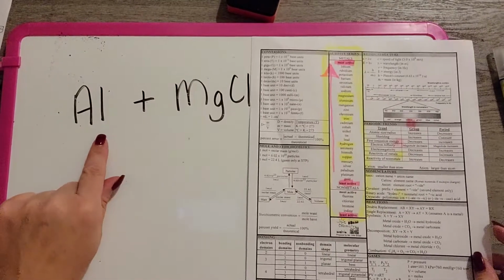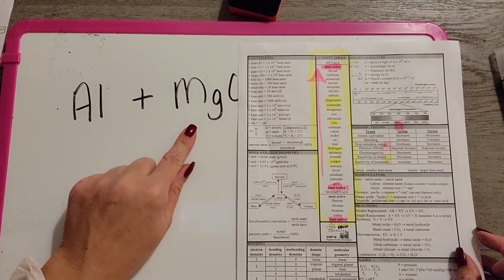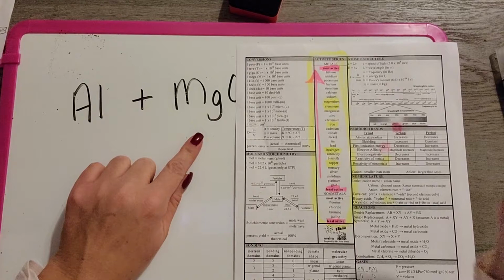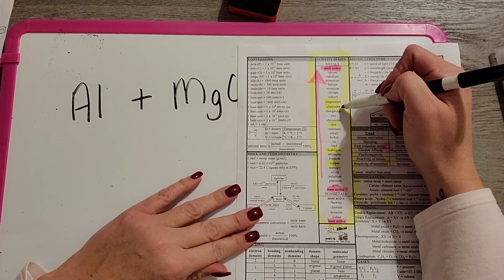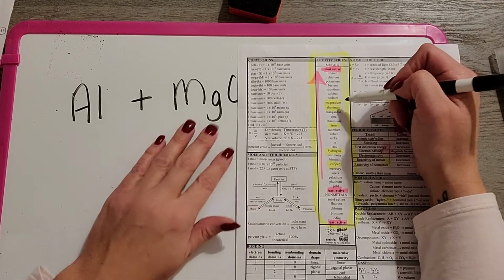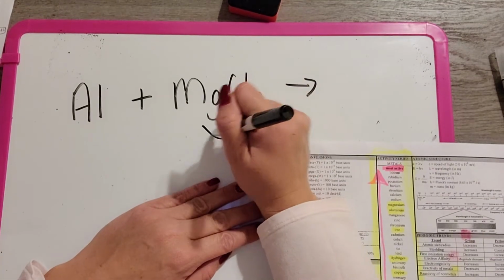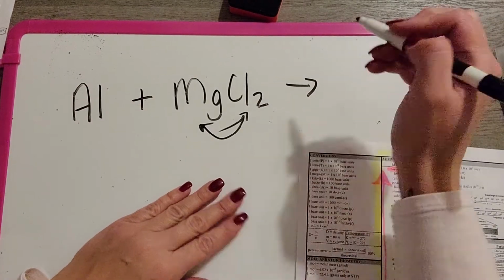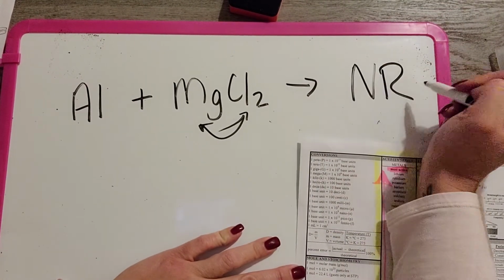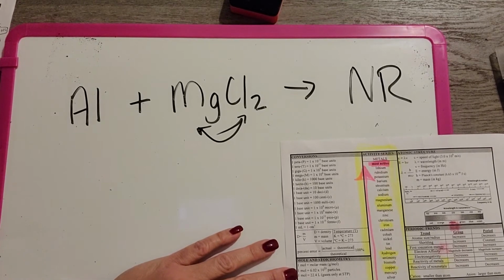So we're looking to see if aluminum is higher up on the list than magnesium, and aluminum will replace magnesium in that compound. So aluminum is not higher up on this list. So magnesium is going to be strong enough to hold the bonds between the magnesium and the chlorine that there will be no reaction here. So in that case, we write no reaction.